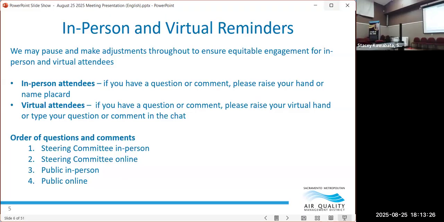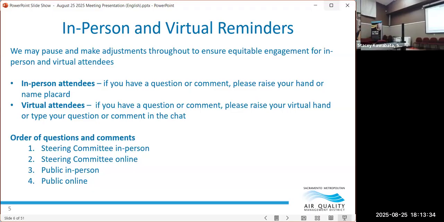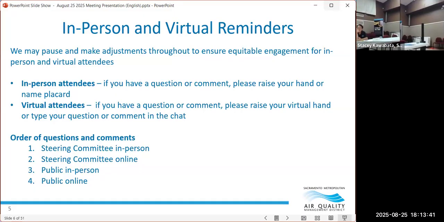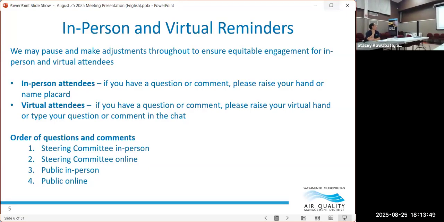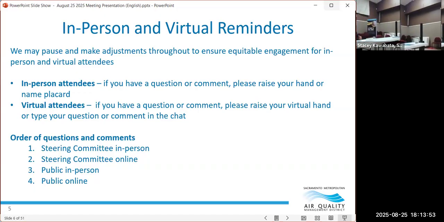If you are in person and you have a question or a comment, and you're a member of the steering committee, please raise your placard so I know you have a question or comment. If you're in the audience as a member of the public, during each item we go through the steering committee first and then hear from the public. So if I'm not getting to you, just know that your time is coming. We're just following our standard order of operations.